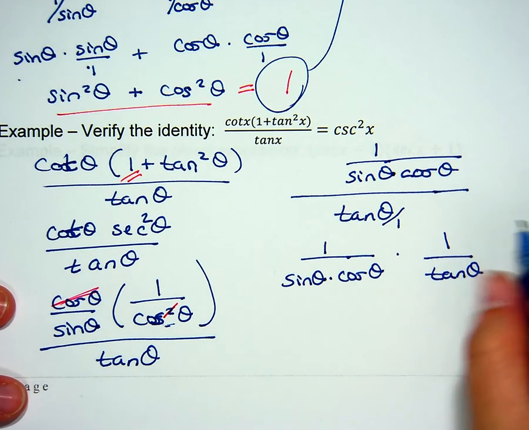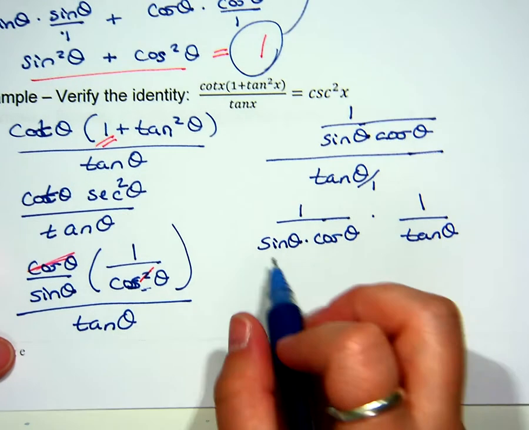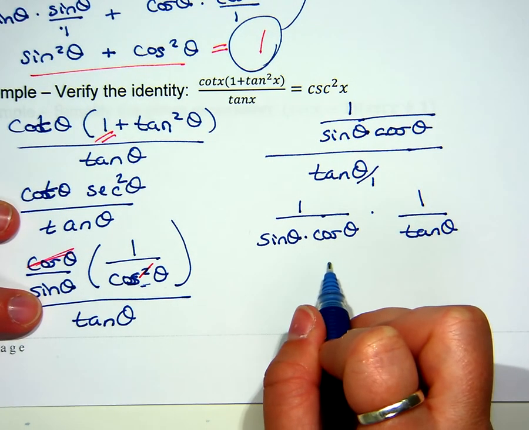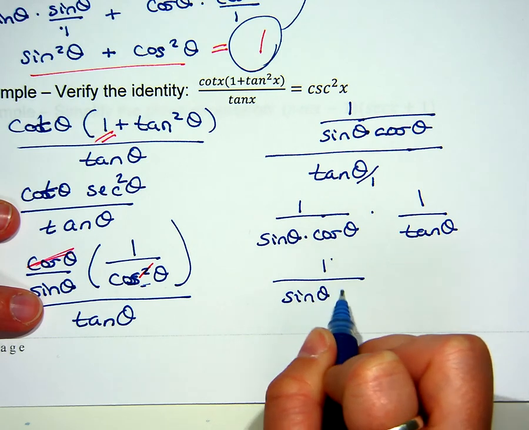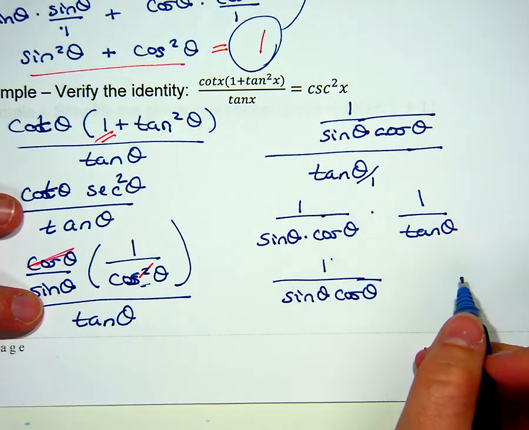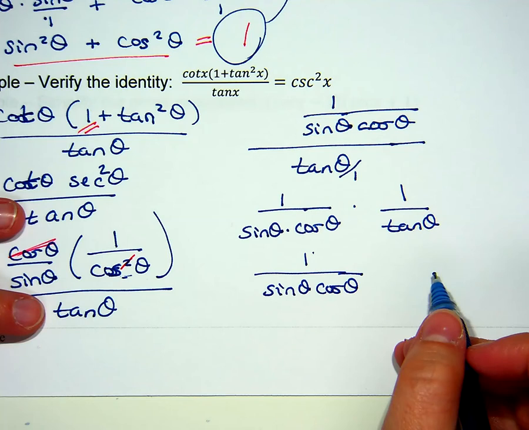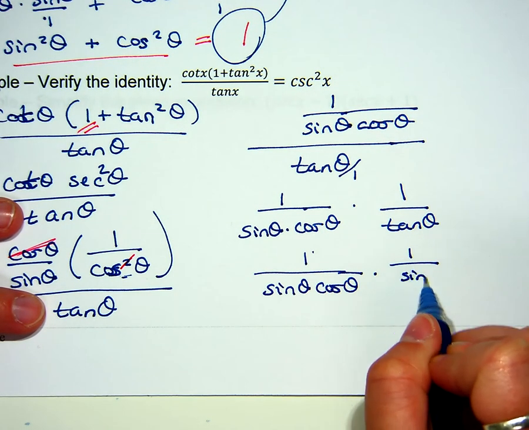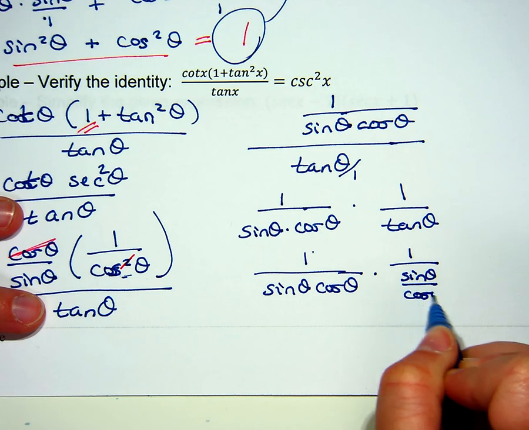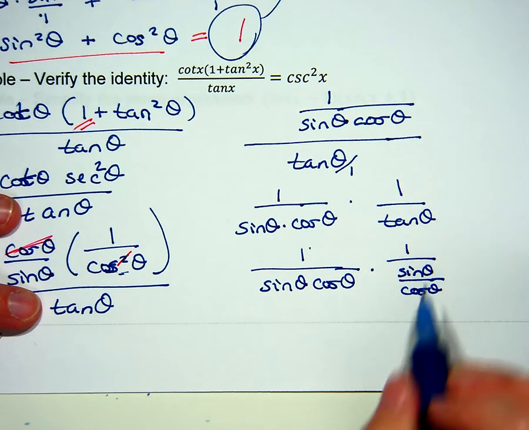Oh, but wait a minute. Tangent can be broken. Oh, okay. So that means I have 1 over sine cosine times 1 over. Tangent is sine over cosine.